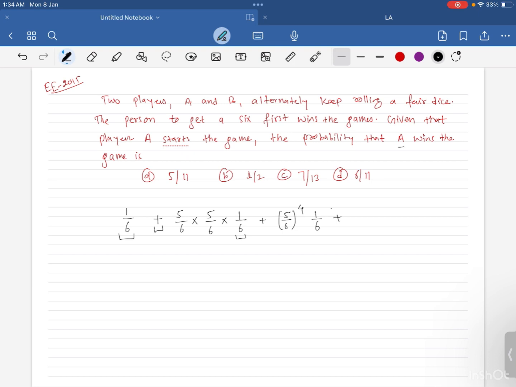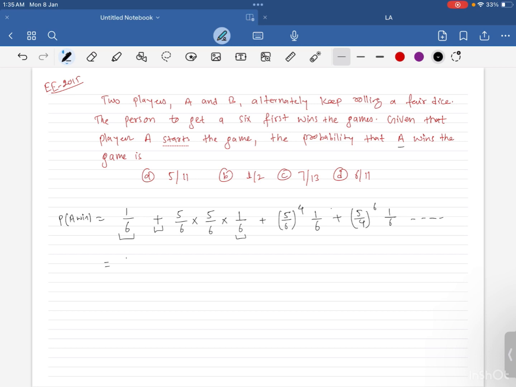And now A will get the chance at what trial? At 6th, 7th, right? So before that everyone is going to lose the game, and now A is going to win the game, right? So this is the total probability that A is going to win the game.